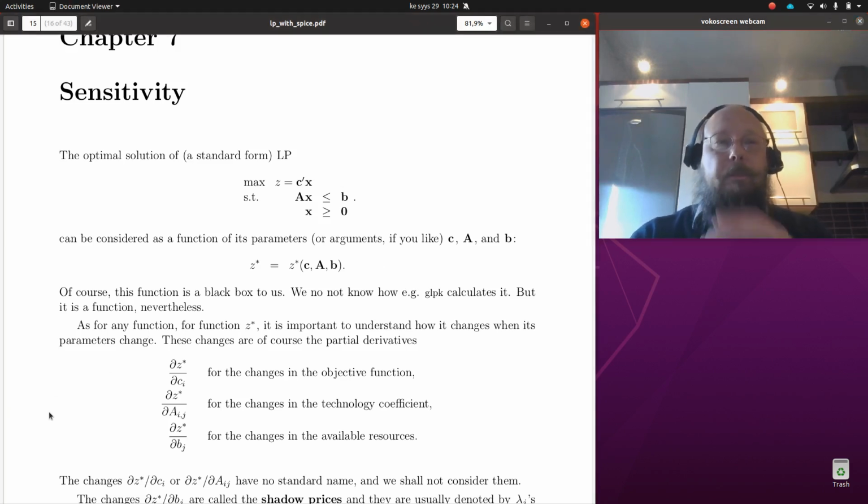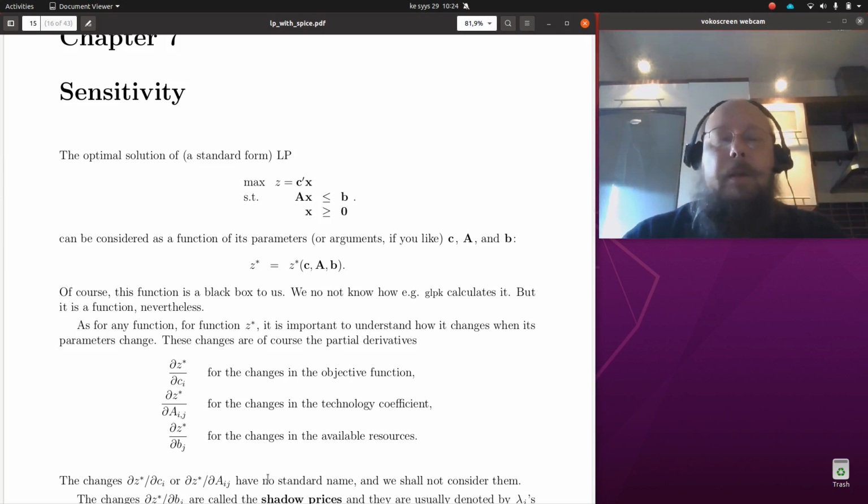Okay. Now this would be the natural thing to do, and yes, quite often this is not exactly what is done with the LP business. So indeed, these first two changes, changes in the objective function or changes in the technology coefficients, don't have standard names or concepts.